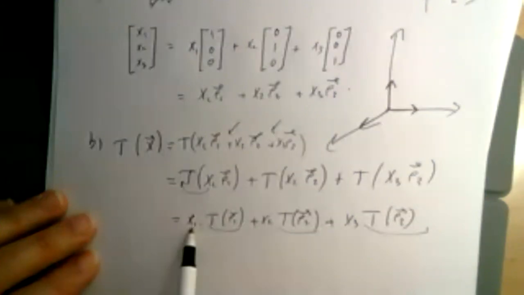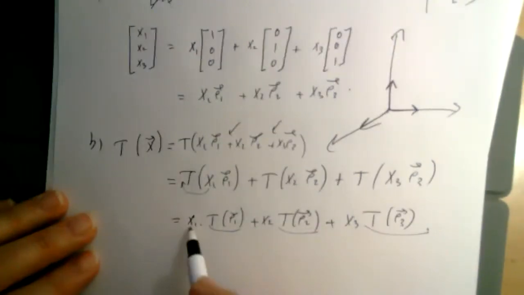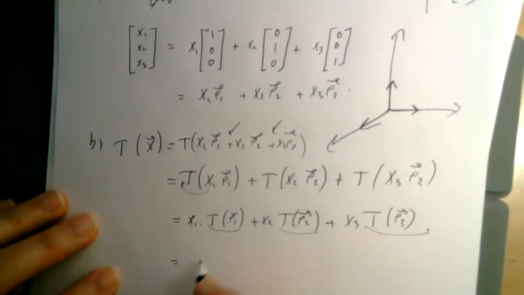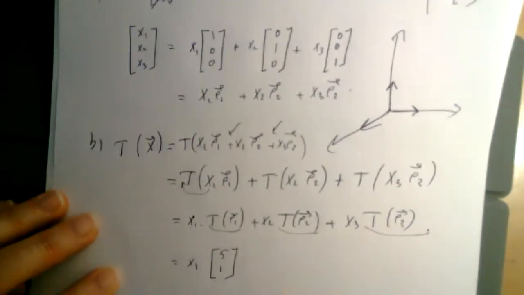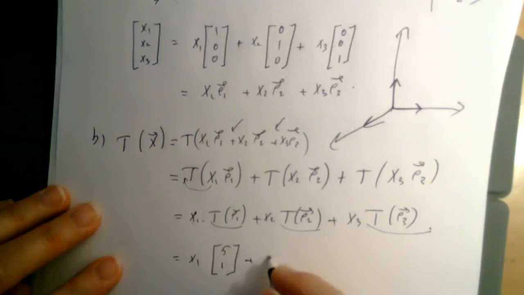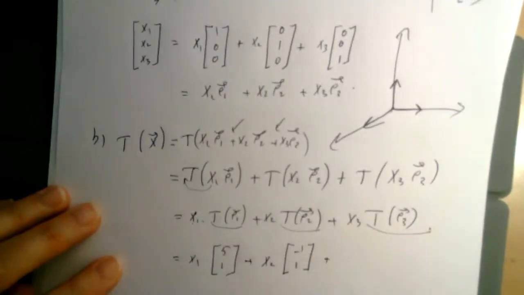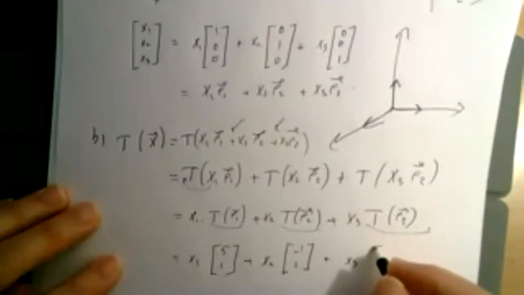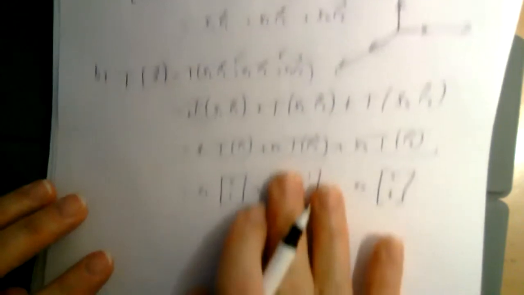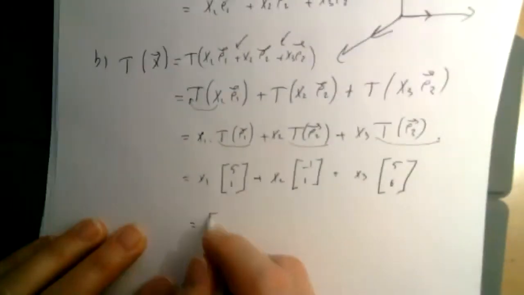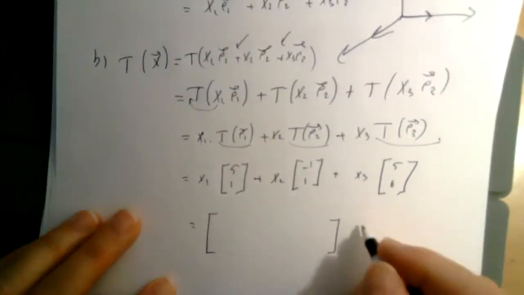Now I know T of e1, I know T of e2, and I know T of e3. So if I know the vector x, it means I know its components, I can actually compute where T will send the vector x. So this is going to be written as x1 times T of e1, which is 5, 1, plus x2 times T of e2, which is minus 1, 1, plus x3 times T of e3, which was 5, 6. So it means I can rewrite this as the following.